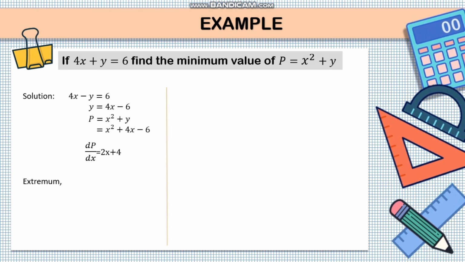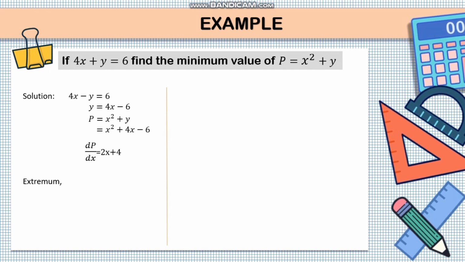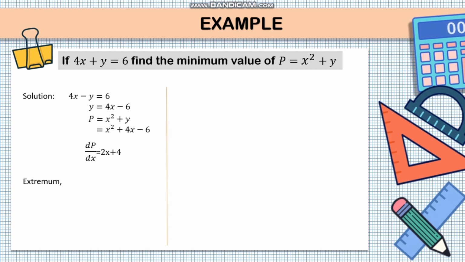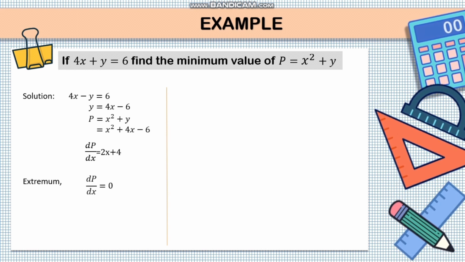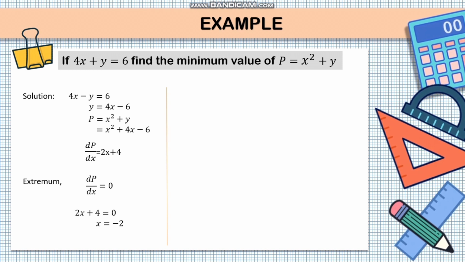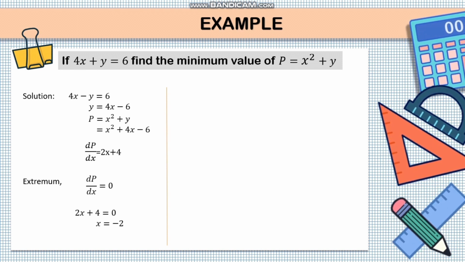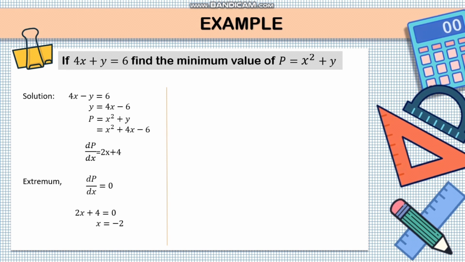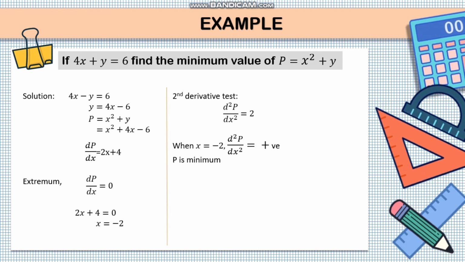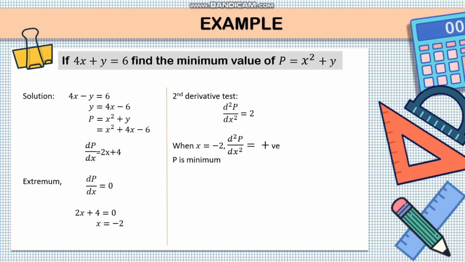Next, to find extremum or critical values, dp over dx must equal 0. So simplify it: 2x plus 4 equals 0, and we get x equals negative 2. We need to use the second derivative test to find the maximum or minimum value.